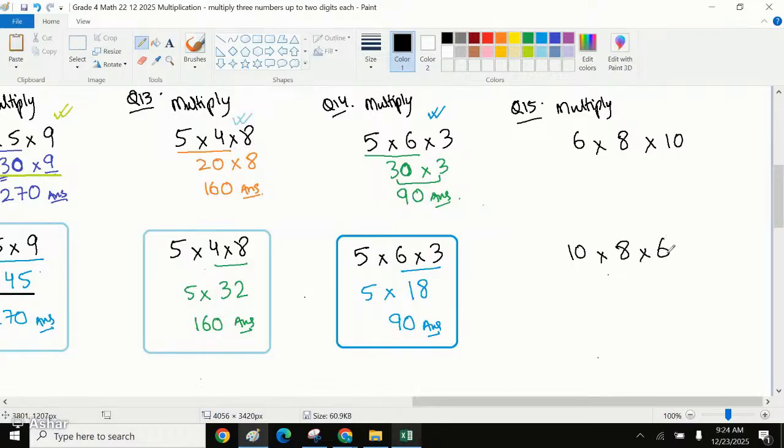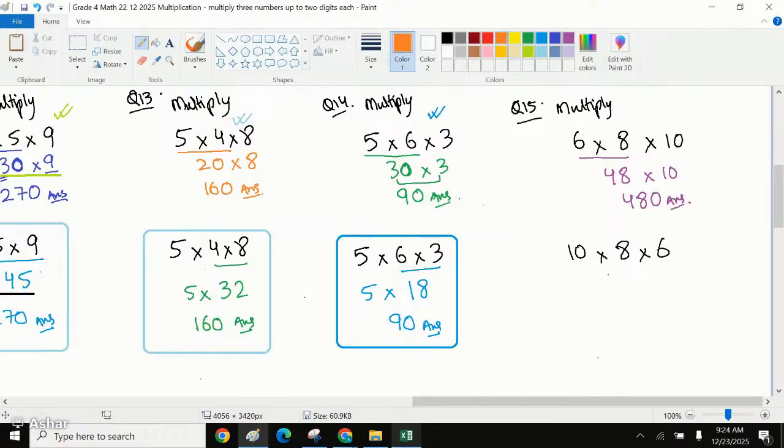Let's see if they both have the same answer. Okay. 6 times 8 is 48 multiplied by 10. And we know the rule for multiplying a number ending in 0. We count the number of zeros and we simply multiply. 48 multiplied by 1 is 48. It ends with 1 0. We put 1 0 over here.